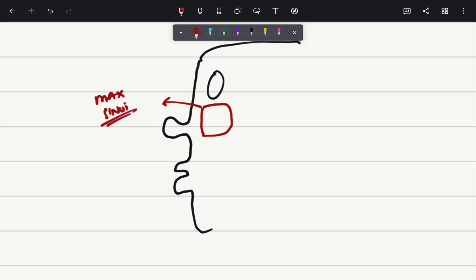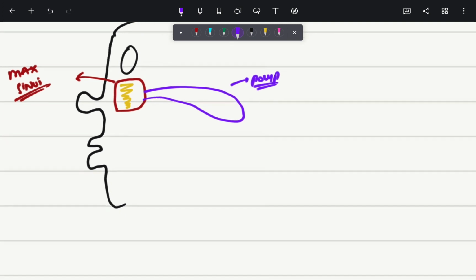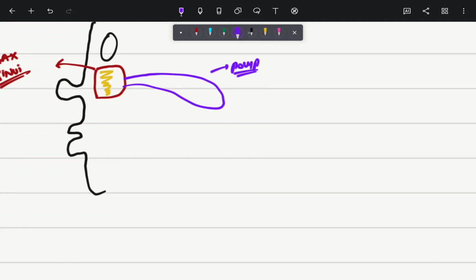Now imagine a person who has infection in the maxillary sinus. Obviously due to infection there will be edema, and this boggy edema will lead to the formation of a polyp. This is the polyp here, which is coming from your maxillary sinus. This polyp is going through an opening.